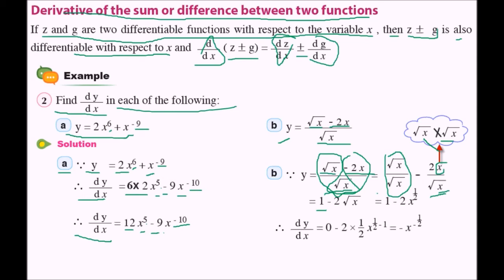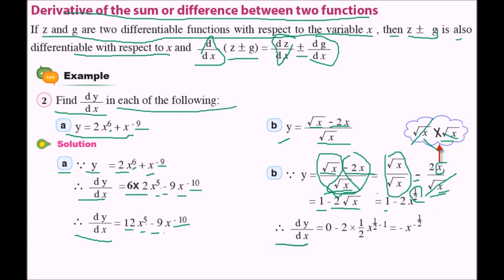Then we can cancel square root of x with the square root of x. Then the simplest form is negative 2 square root of x. Then y is equal 1 minus 2 square root of x. In the simplest form, y is equal 1 minus 2x to the power half.